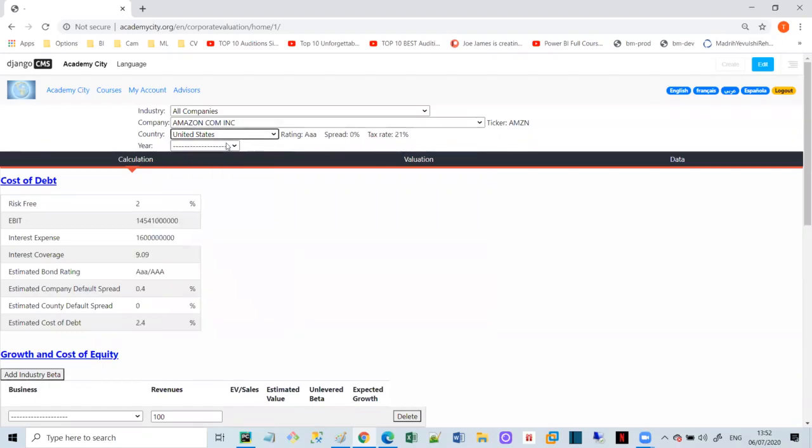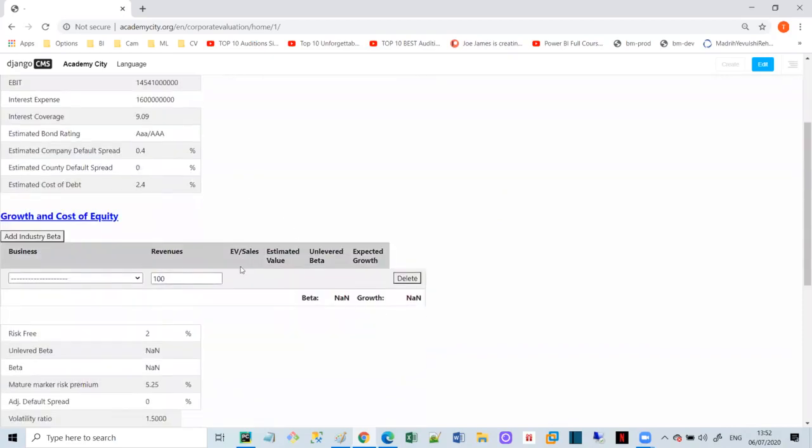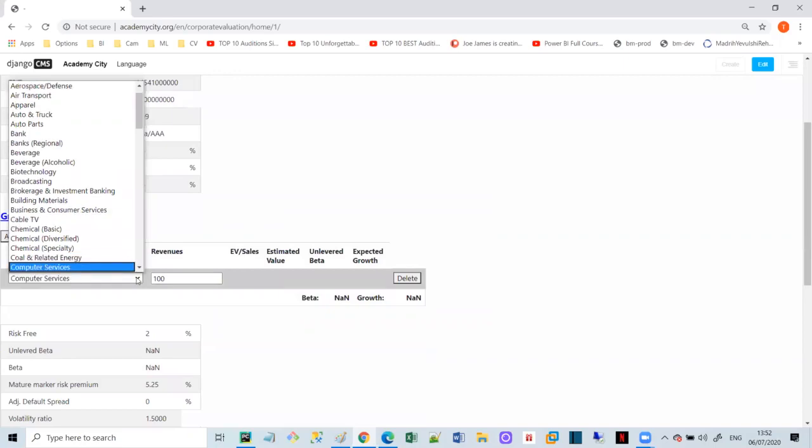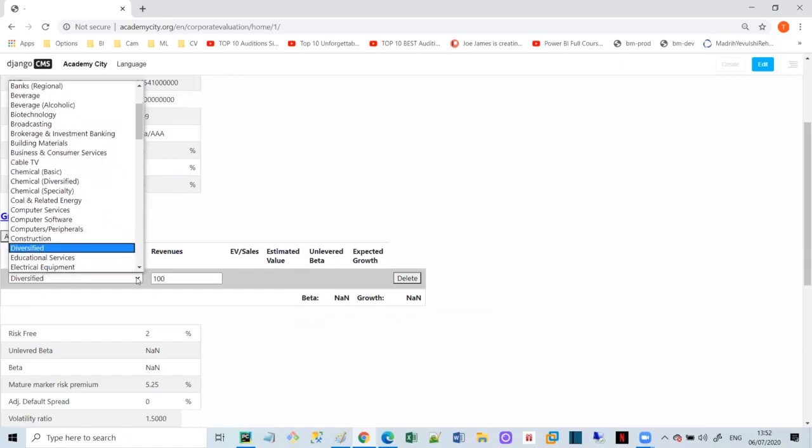And we have, let's say, the last year we have data for. Then Amazon, we said it's computer services. I think that's what we should do, using computer software.